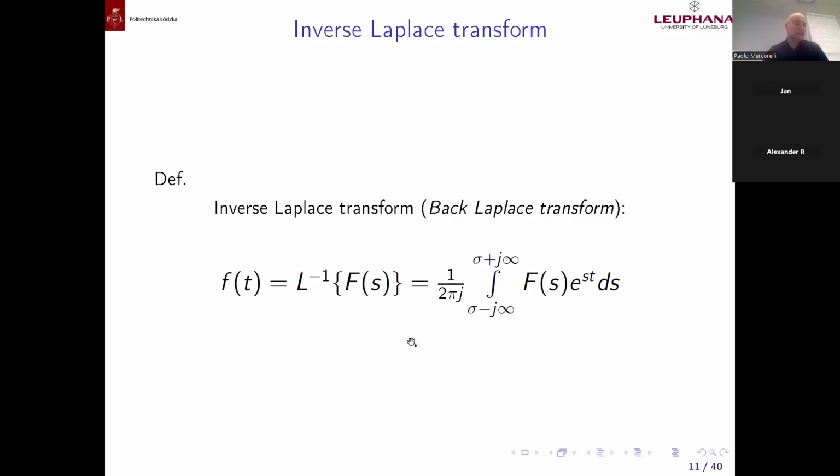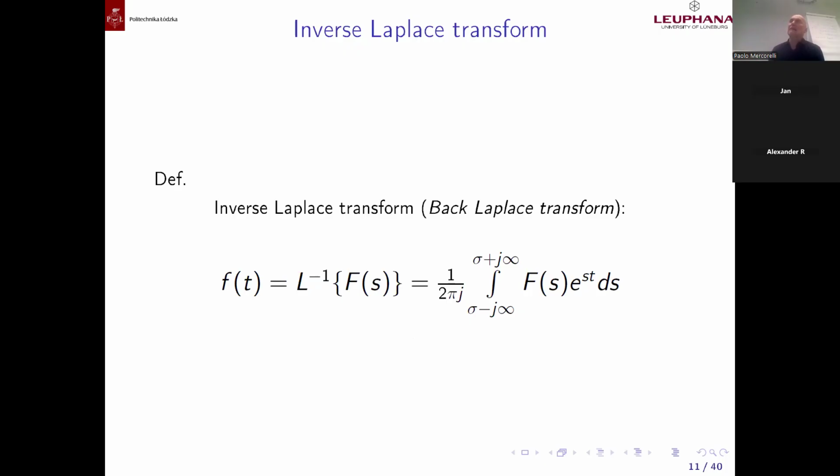Here we have a repetition of the concept of the inverse Laplace transform. I don't want to insist on this abstract definition, because we will calculate the inverse Laplace transform using a direct table. I will show you what I intend. But anyway, probably you have seen this definition in math.